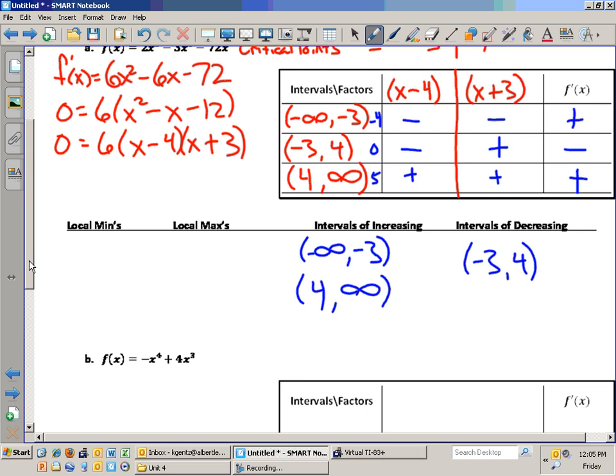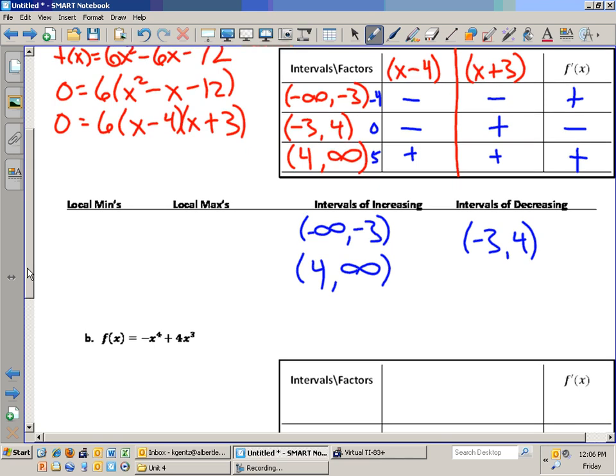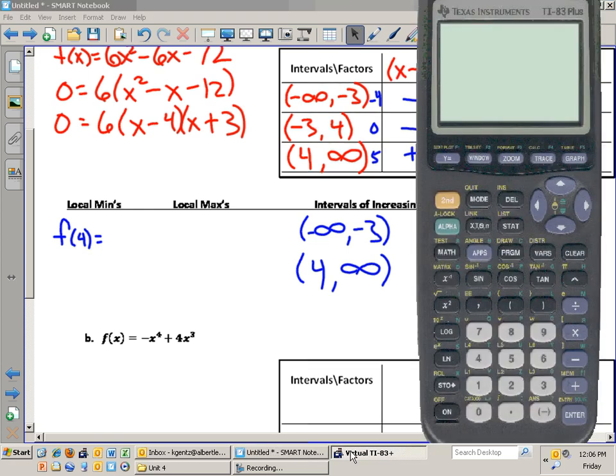The derivative goes from negative to positive at the point 4. So 4 is where we have our local minimum. So we'll say f of 4 is, and we would plug 4 in. If we plug 4 into our table, yep.